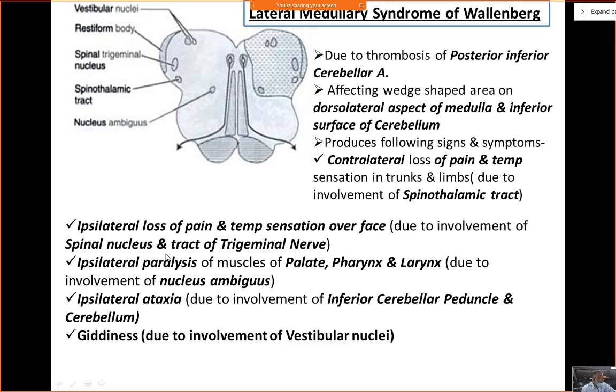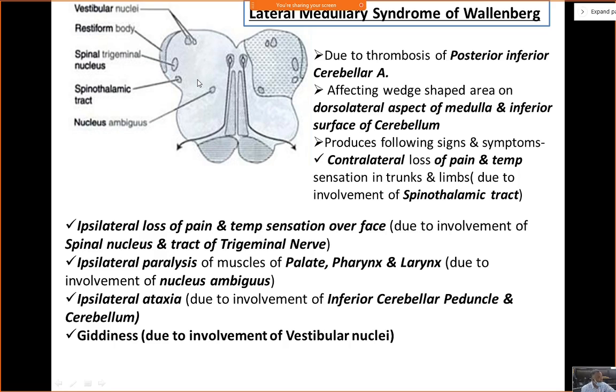Then ipsilateral loss of pain and temperature sensation over the face. Ipsilateral, same side. Why on the same side in the facial region? Because of the involvement of the spinal nucleus and spinal tract of the trigeminal nerve. From the facial region, all the exteroceptive and proprioceptive sensation is carried by the trigeminal nerve, but these fibers do not cross.